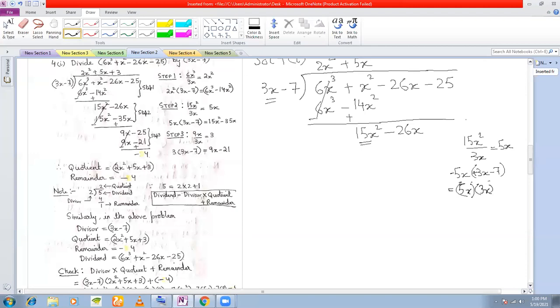This plus sign is here, plus sign is here. These two combine to give you a plus sign here, right? And then this plus sign combined with this minus sign gives you a minus sign. 5x into 7. Now you understood? 15x square minus 35x. So this 15x square minus 35x you are going to write here.